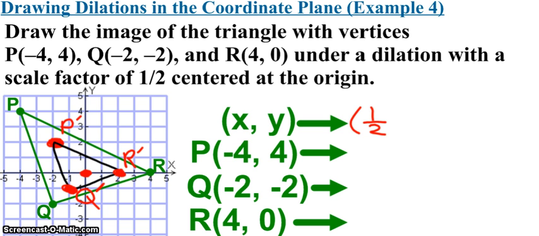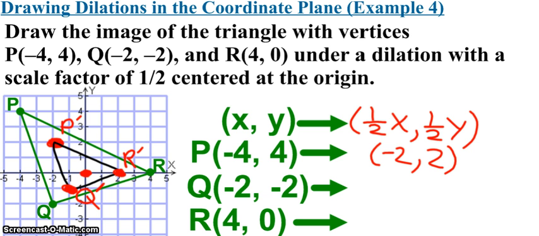So we're going to multiply it by 1/2. Our y, we're going to multiply that by 1/2. And we're going to do it for each point. So half of -4 is going to be -2. Half of 4 is 2. That's the ordered pair for P prime.